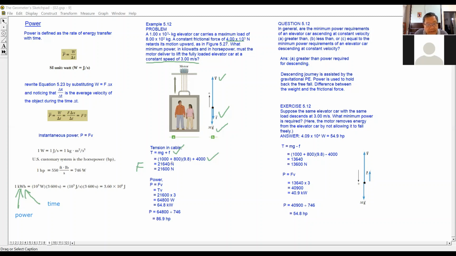Here we know the force, and we also know the velocity. So we use number 2. We use the force exerted by the cable multiplied by the velocity it is moving.